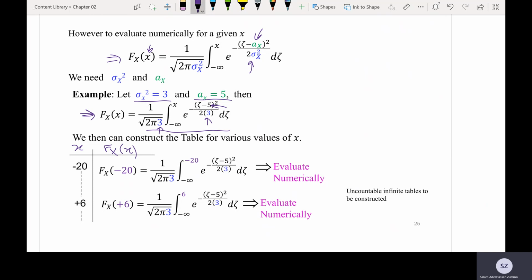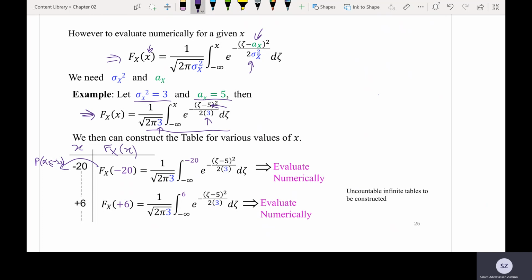Now, if I have a problem that involves a Gaussian distribution with average equal 5 and sigma squared equal 3, I can use this table to find the value for any number. Here is the probability that x is less than or equal to minus 20, right?